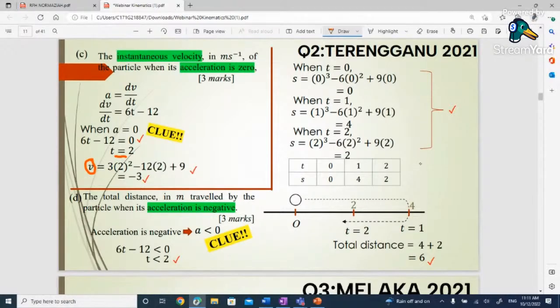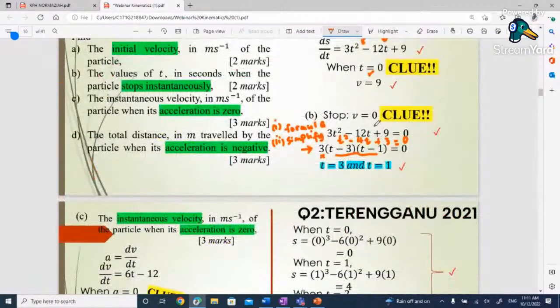Kalau dia suruh cari total distance, macam mana sekalipun, you have to find V equals to 0. Sebab awak nak tahu when does it reverse ataupun change direction. Okay, kena cari. So kat mana yang dah ada V equals to 0? Kita dah ada dah tadi. Kat sini. Nampak?